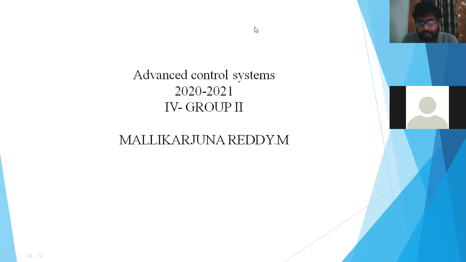Second chapter, as I told you already. We have spent enough time on knowing what is state space analysis, what is state space representation, how to convert transfer function to state space and state space to transfer function.